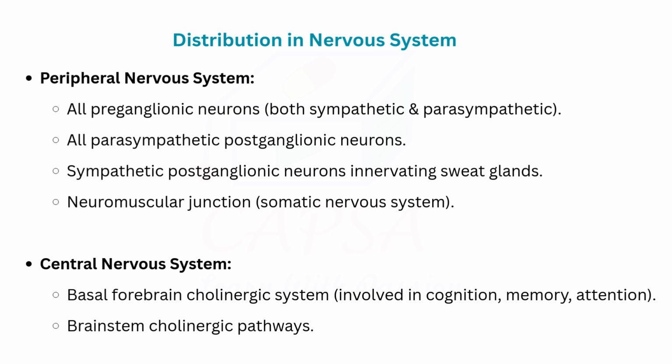Where do we find acetylcholine in the nervous system? In the peripheral nervous system, it is released by all preganglionic neurons of both the sympathetic and parasympathetic divisions, and also by all parasympathetic postganglionic neurons. Keep in mind, these are very important for your exams.